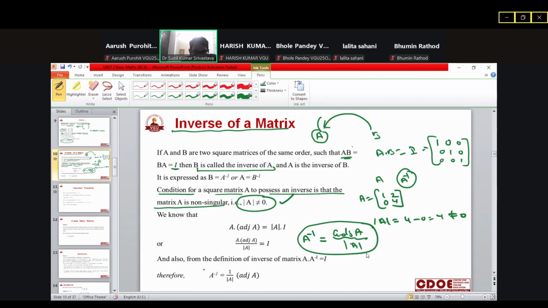So we have the formula here: inverse of the matrix A is equal to 1 upon the determinant times the adjoint of the given matrix. This is the concept of the inverse of the matrix, and we can use it to find the inverse and other things related to that.